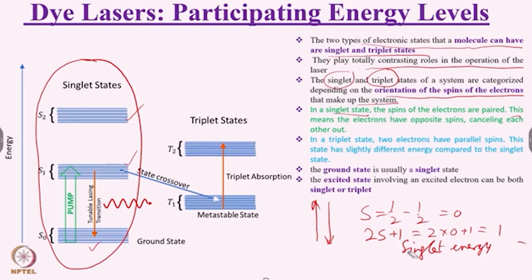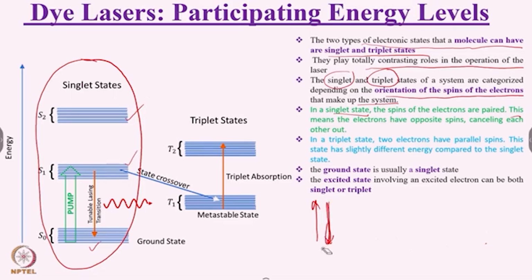In contrast, in a triplet state, two electrons have parallel spins. Therefore, the total spin is now 1.